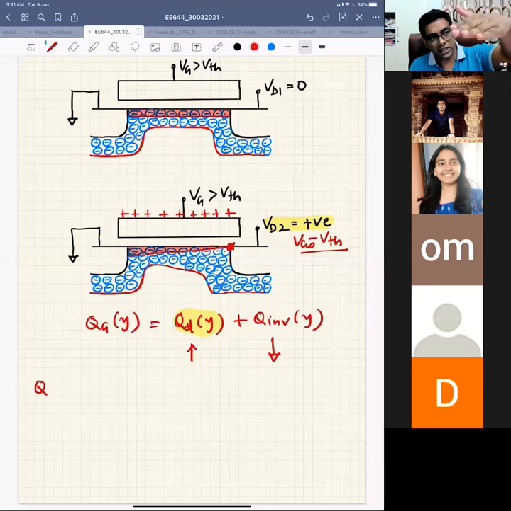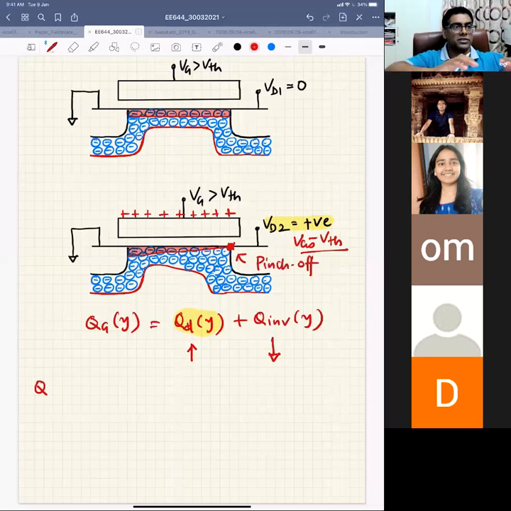Your inversion charge in the drain side will be 0, and that point we call pinch off, and this condition we call the pinch off condition. That means your channel is pinched off, so you do not have a continuous channel between source and drain.